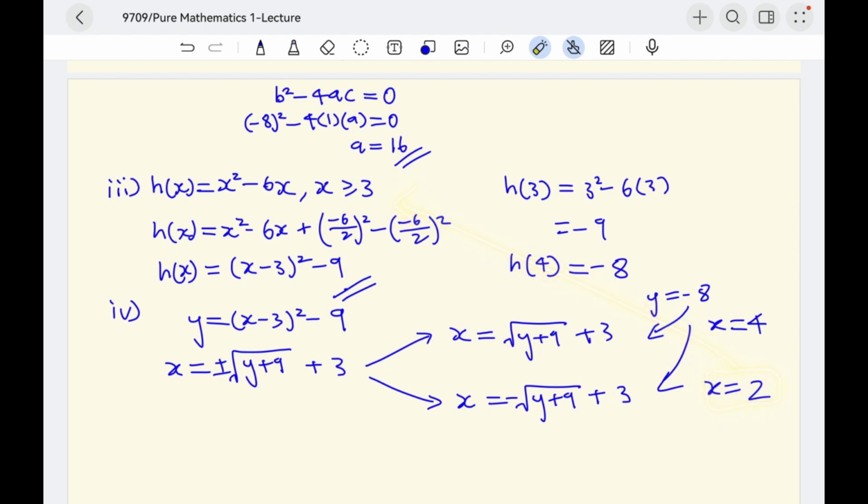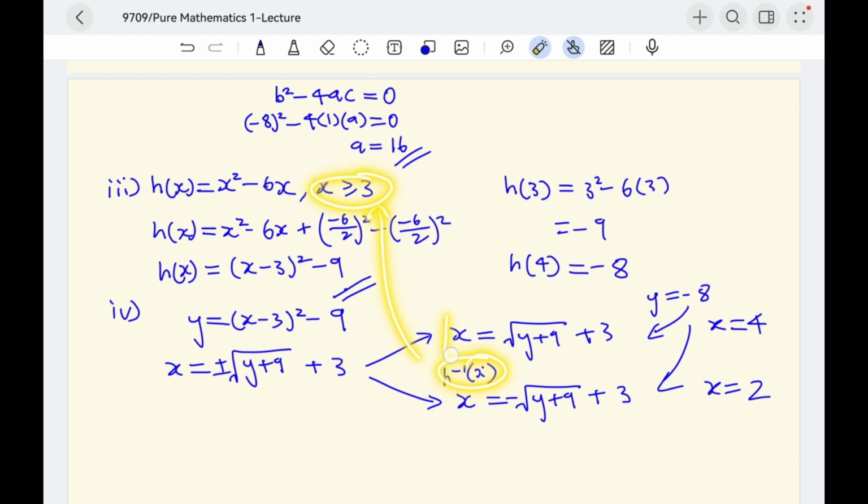Means that for the negative scenario, the range of the inverse hx doesn't meet the requirement of the domain.